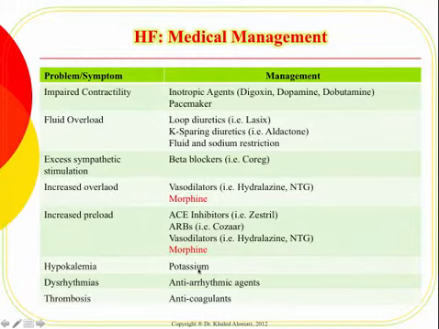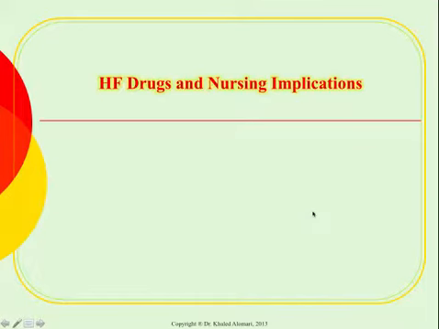If the patient developed hypokalemia, we can give potassium supplement. If the patient developed dysrhythmia, we can use dysrhythmia medication. We'll talk about that in the second part of this lecture today. And if the patient becomes at risk for thrombosis, we need to put them on anticoagulants, and most commonly we use Coumadin.